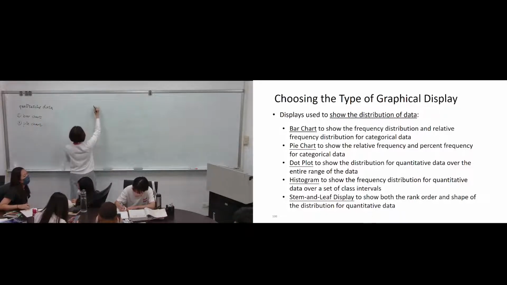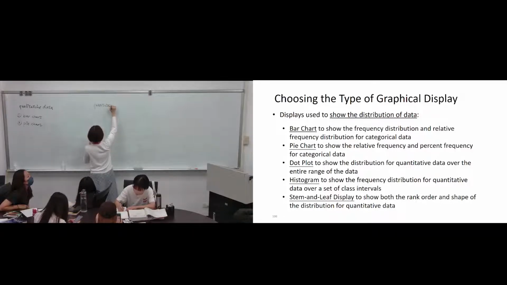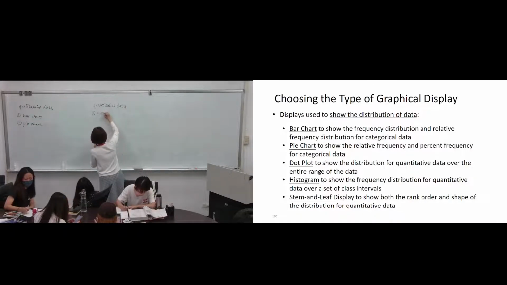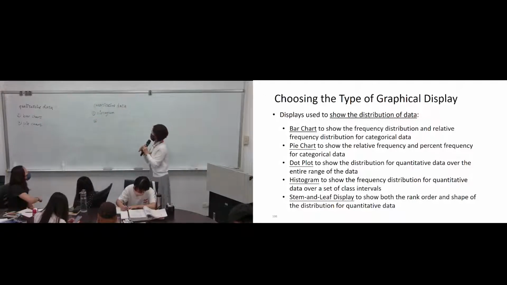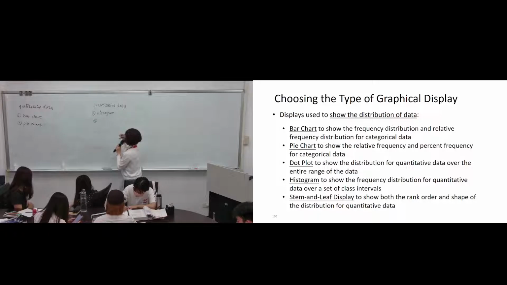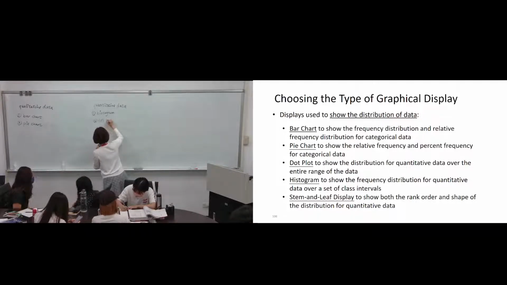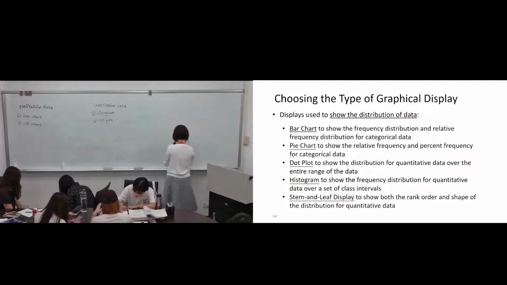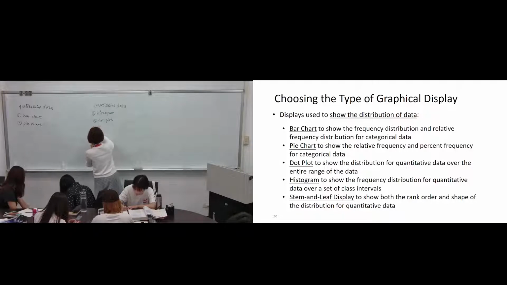For quantitative data, we use histogram, and then the dot plot, and stem and leaf display.